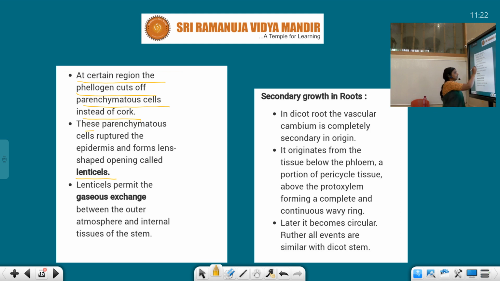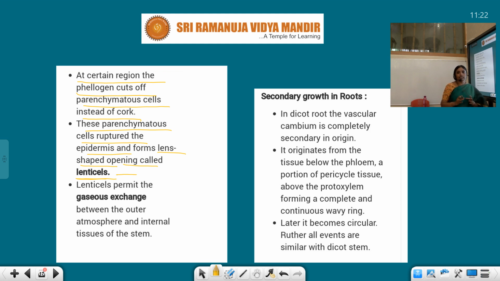These cells rupture the epidermis, and they form a lens-like structure with openings, known as lenticels. Lenticels help in gaseous exchange, and they also help in transpiration. This is how secondary growth takes place in the dicot stem.